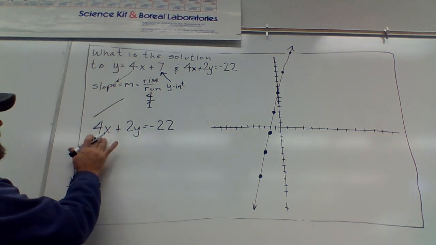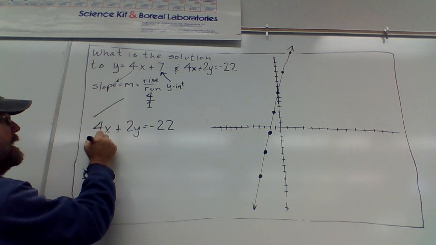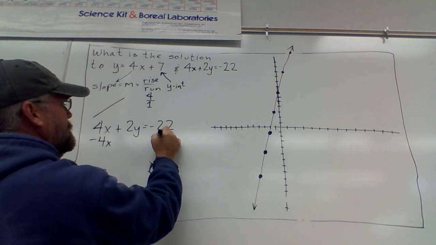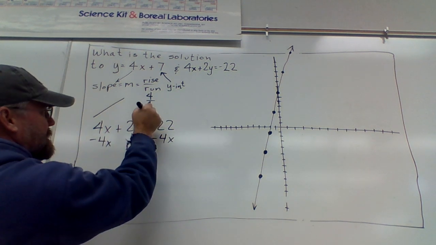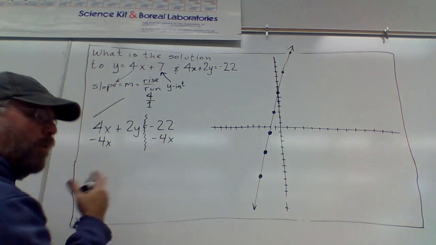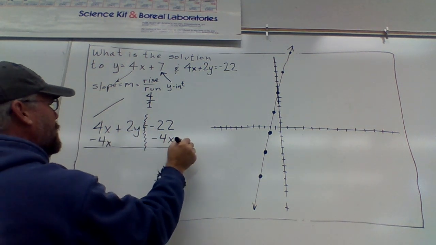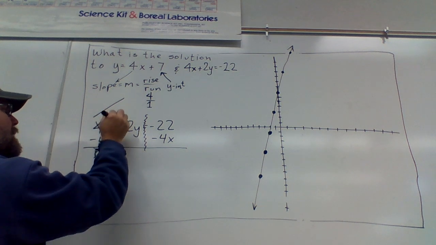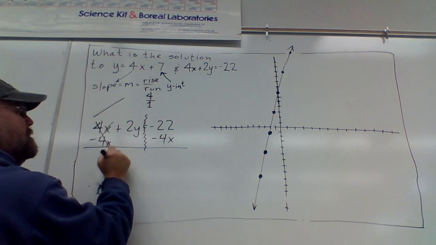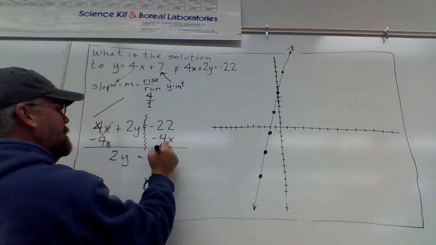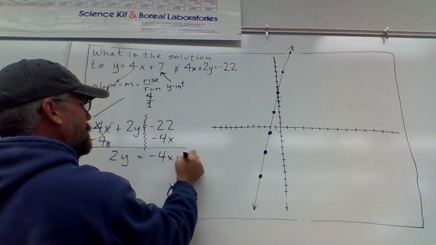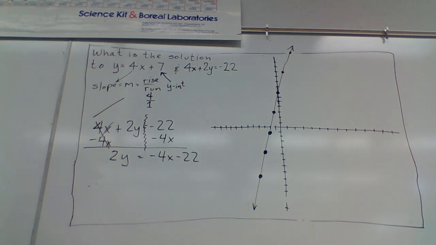I want to get rid of the x, so take away 4x from both sides. Some of you draw your little wall, however you prefer to do it. That goes away, leaving me with 2y equals negative 4x minus 22.